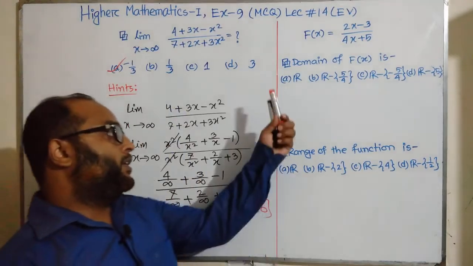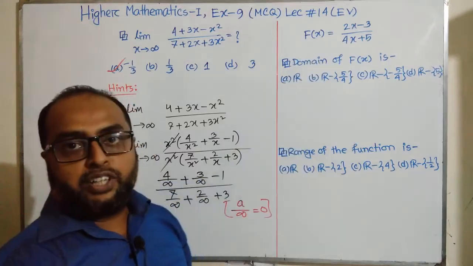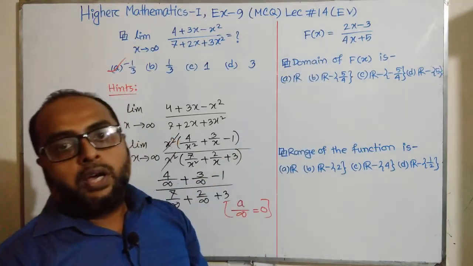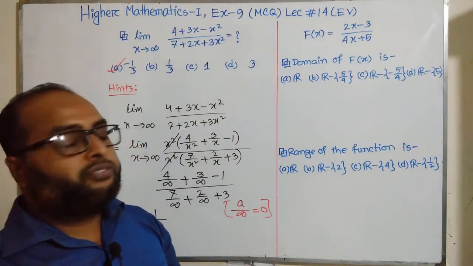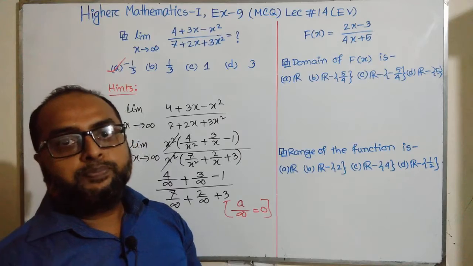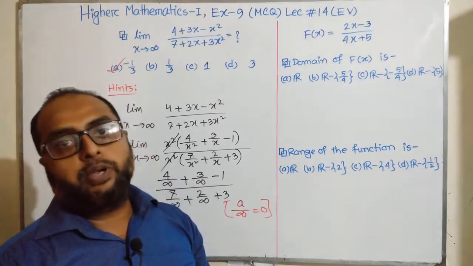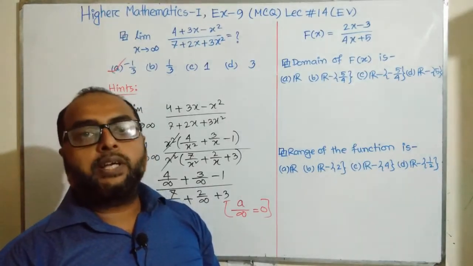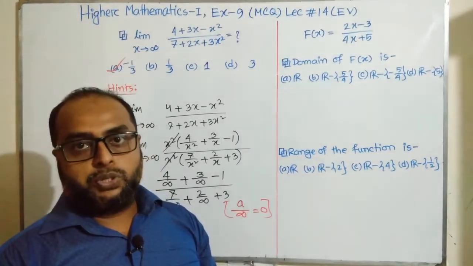Okay, now our next problem, this is f of x is a function. Here we have to find out the domain of f of x. To find out the domain of these types of function, at first you have to know the definition of domain. Domain is the set of values of x for which the function give real values.